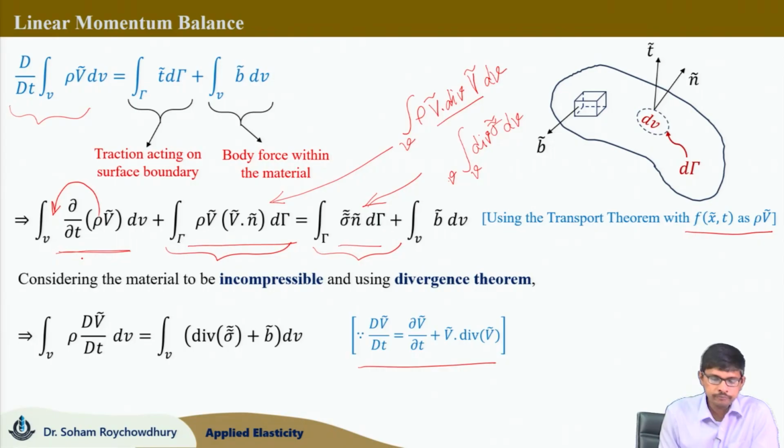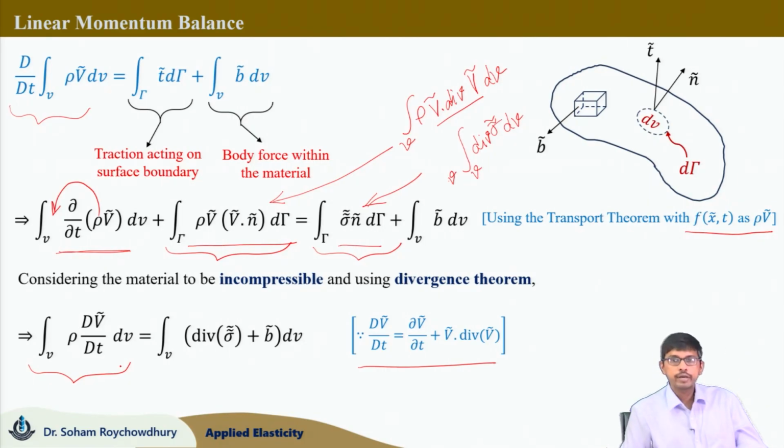Combining both of them, the left hand side has a single term, rho times the total time derivative of v, rho dV dt integrated over the deformed volume, which equals divergence of sigma plus b integrated over the total deformed volume. So, this is the linear momentum conservation expression.